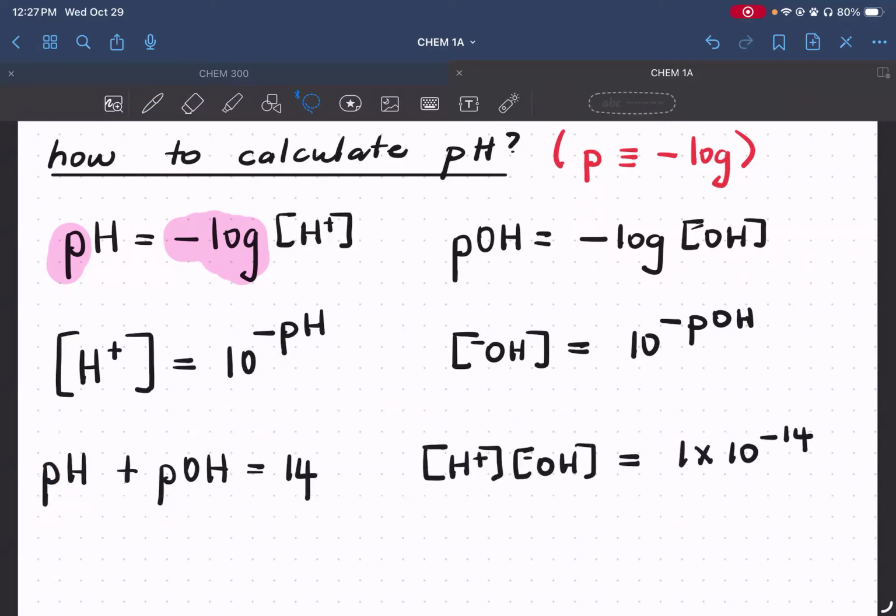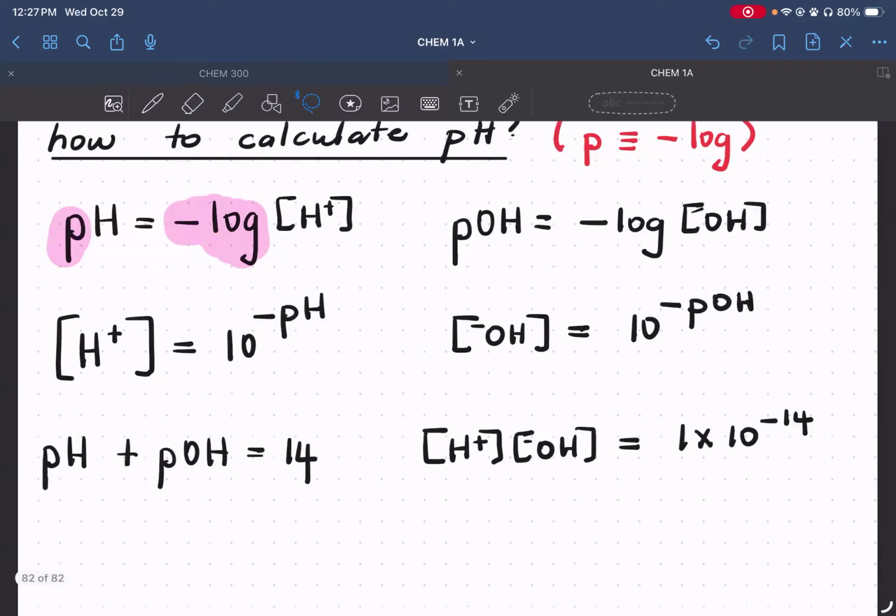These are the 6 primary equations that you will be using to calculate pH or any other value associated with it. You will be given these formulae as part of your reference sheet on the next exam. You do not need to memorize them. They will be given to you.